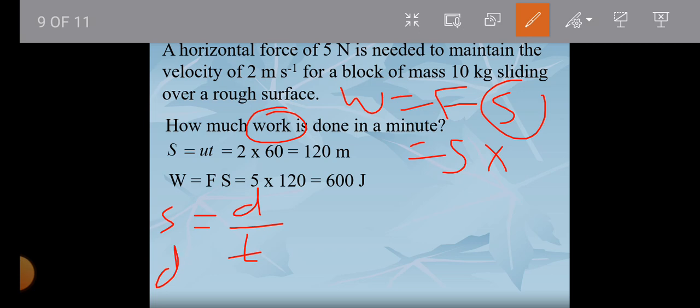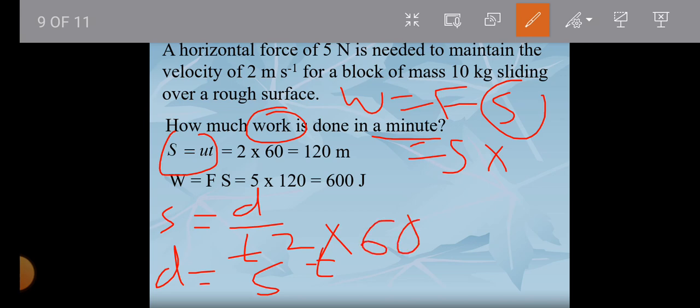And our distance, which is s, is equal to speed times time. Our speed is 2. They say that in a minute means what? 60 seconds. So our distance is going to be 2 times 60, which is 120 meters.